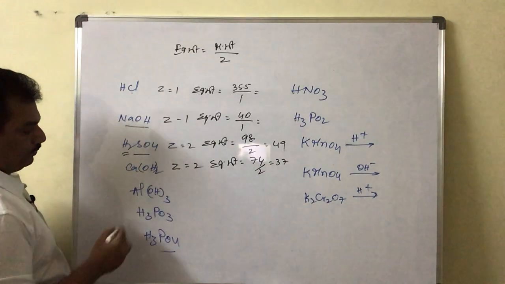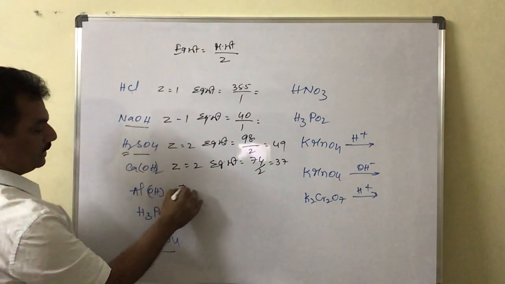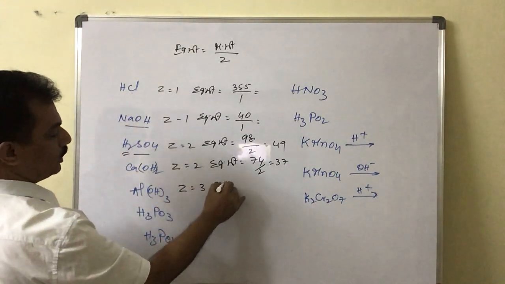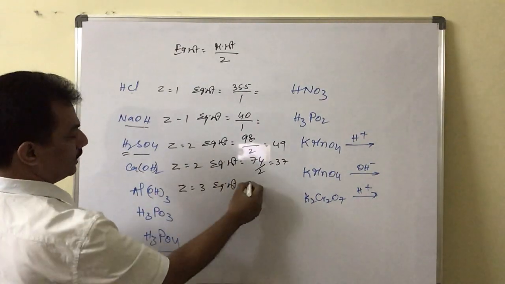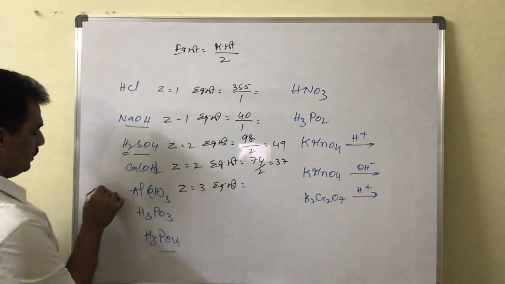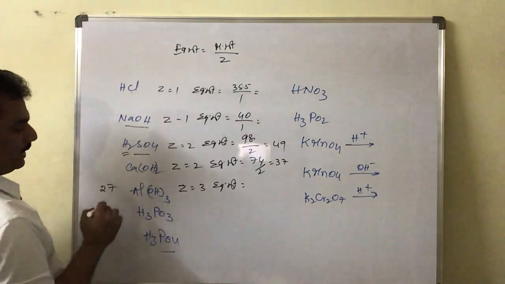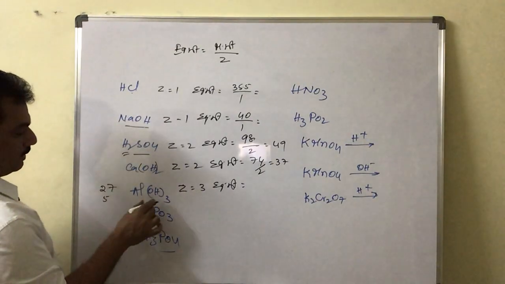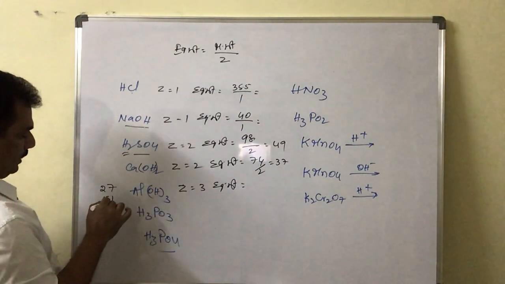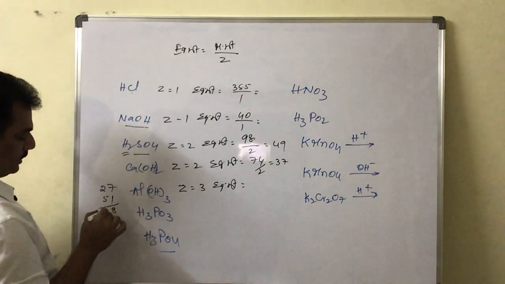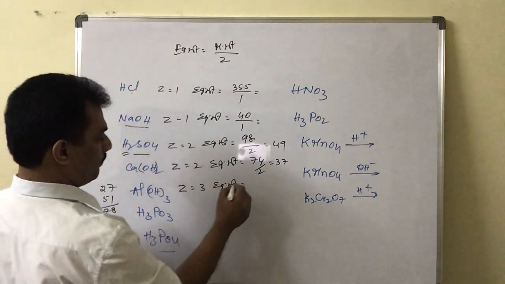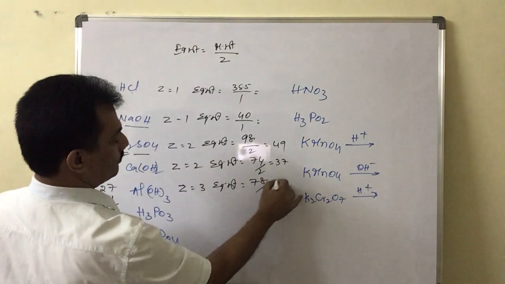For aluminum hydroxide, Z is 3, so the equivalent weight is its molecular weight, 27 plus 51, that is 78 by 3.